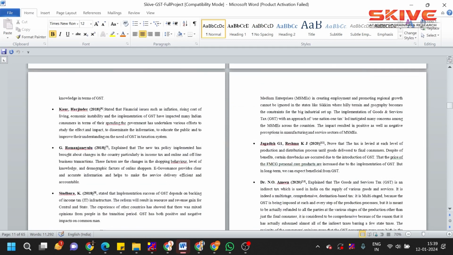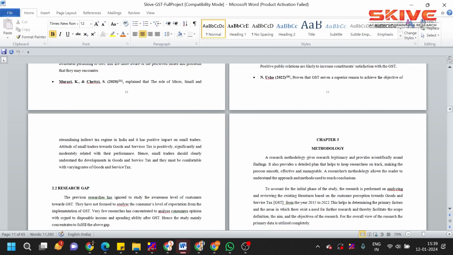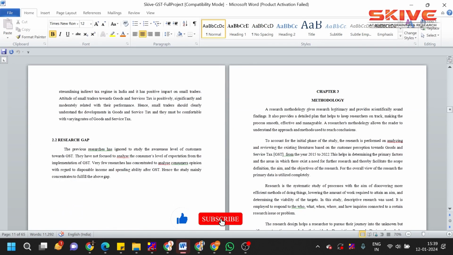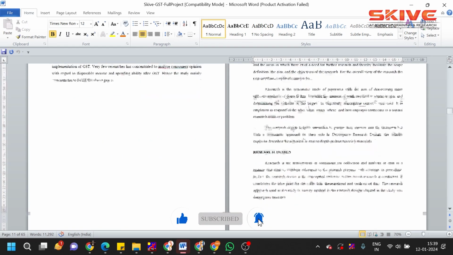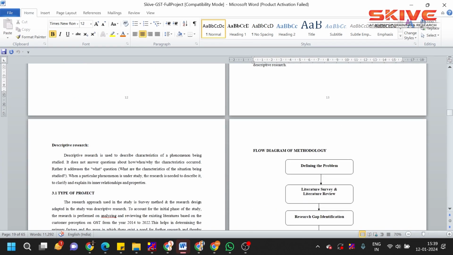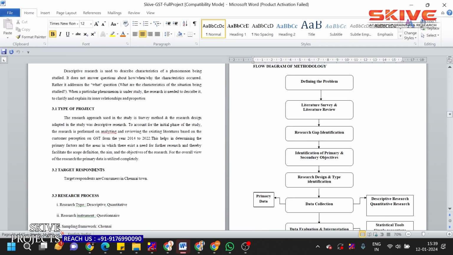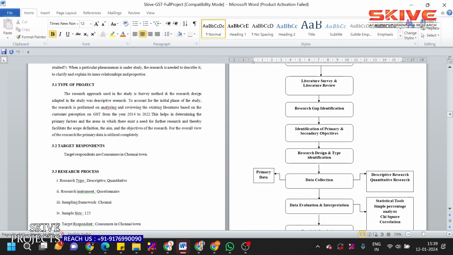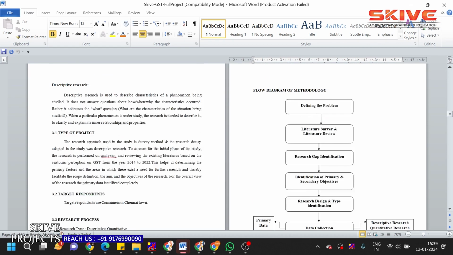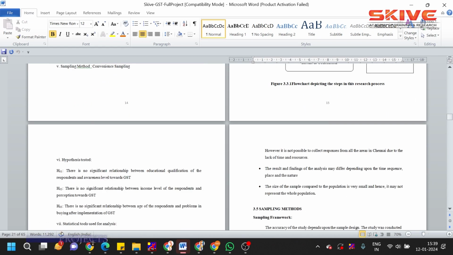and chapter 2 starts with literature review, research gap. Chapter 3 is methodology: research design, type of projects, target responses, research process, and the flow diagram of this project.